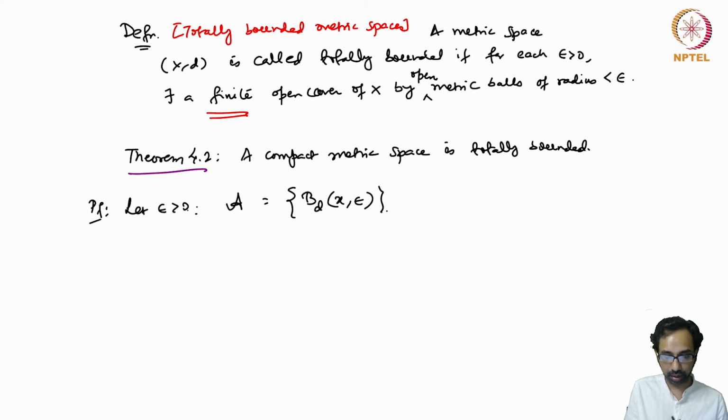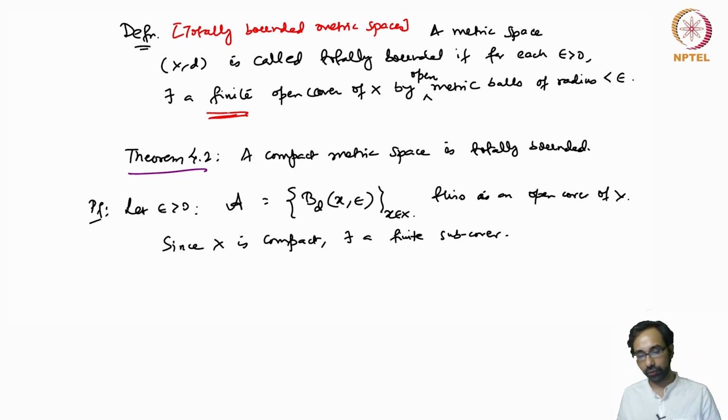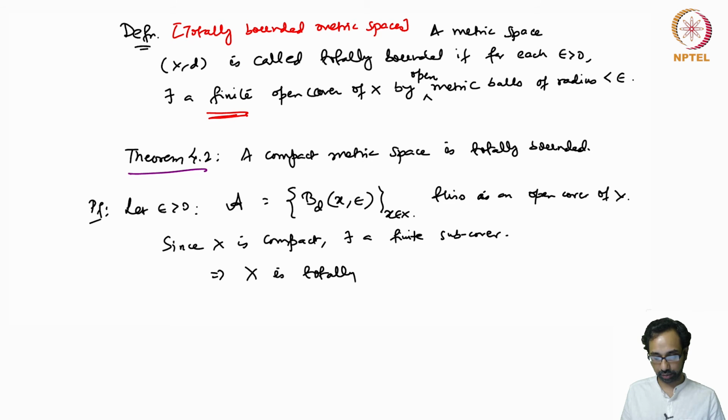Let epsilon be greater than 0, and then you choose this open cover, which is the collection of all metric balls with center points in X and radius epsilon. This is an open cover of X. And now because of compactness, since X is compact, there exists a finite subcover, and this is what totally bounded requires: a finite subcover of X by open metric balls of radius less than epsilon. This means that X is totally bounded. So this part is easy.